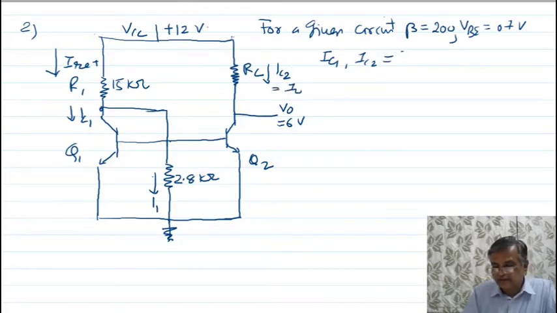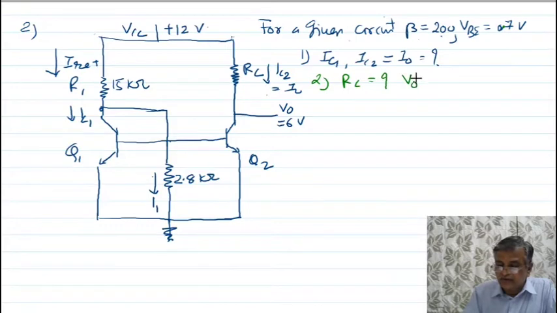Calculate this value. Also calculate, for the given circuit, beta is 200, VBE is 0.7 volt. Calculate this current, and also calculate the value of RC to get VO equal to 6 volt.